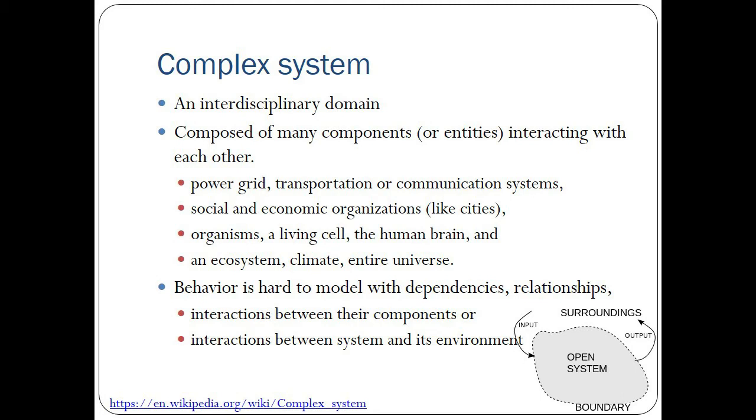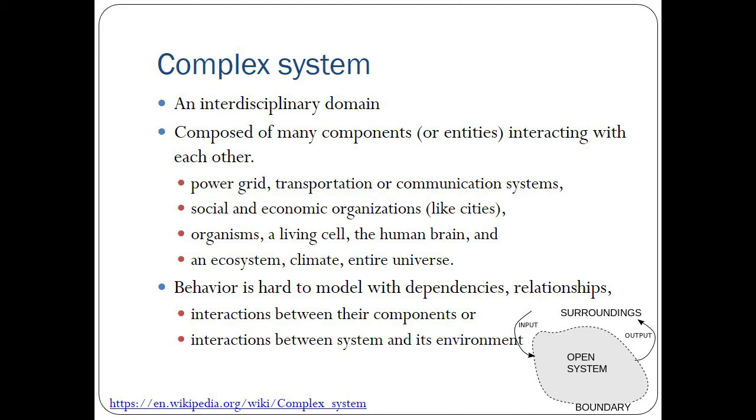If we want to see in fundamentals what a complex system actually is, it is basically an open system with some input, having surroundings and boundaries, which could produce an output. A complex system deals with understanding behaviors that are very hard to model. Why are they hard to model?